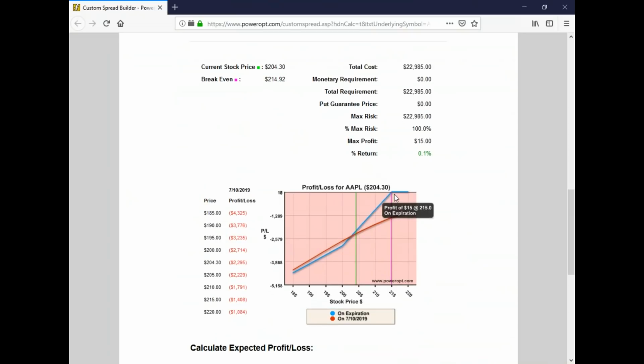Because it's still a capped gain. You've done a covered call and a bull call spread. So if it goes back up and it goes to 220 or 230 after earnings, you've got a max profit of 15 cents. You're at break even, but you're not at a profit. You'd have to close. You could get this back from the bull put, but then you have to pay a few dollars to close this 215 call. Now you might be right back where you were at square one.